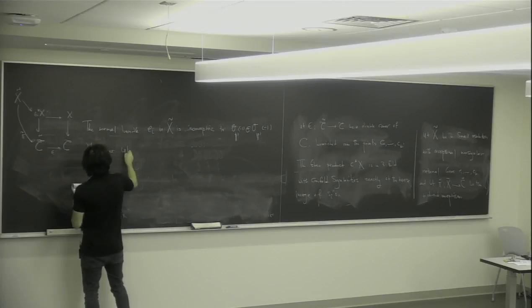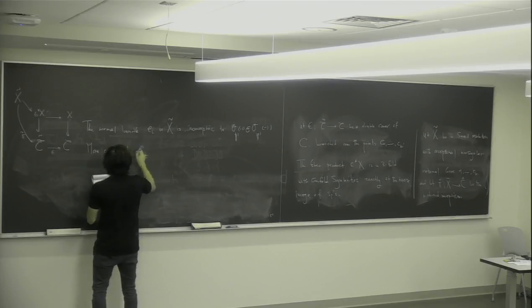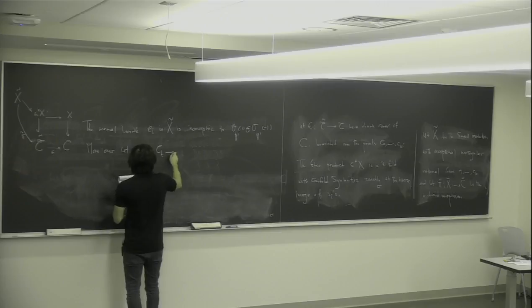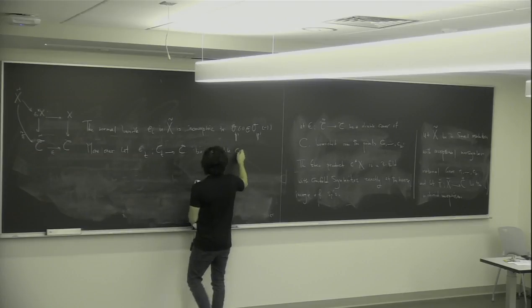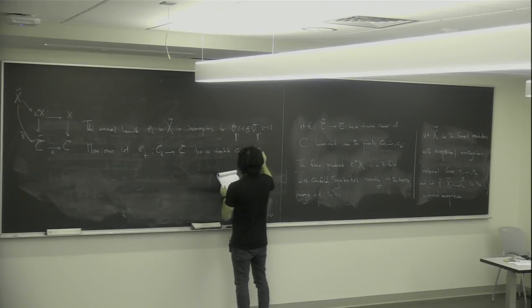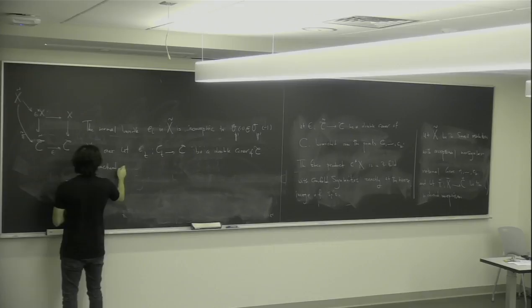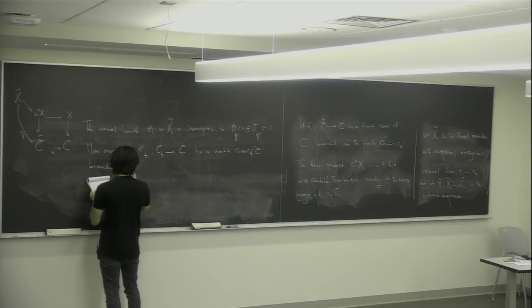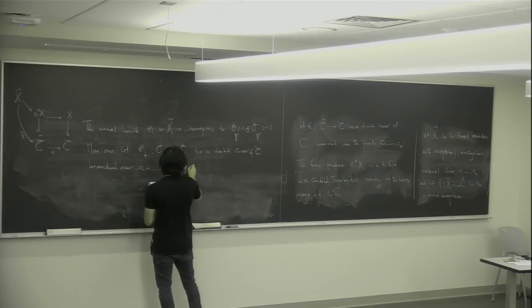So let this time epsilon of t, C of t to C be a double cover of C ramified over, or branched over, let's call these things C0 of t, ck prime of t, generic points of C.